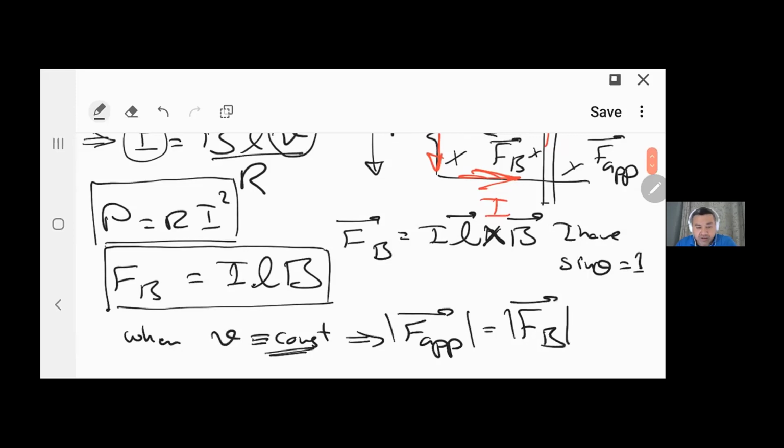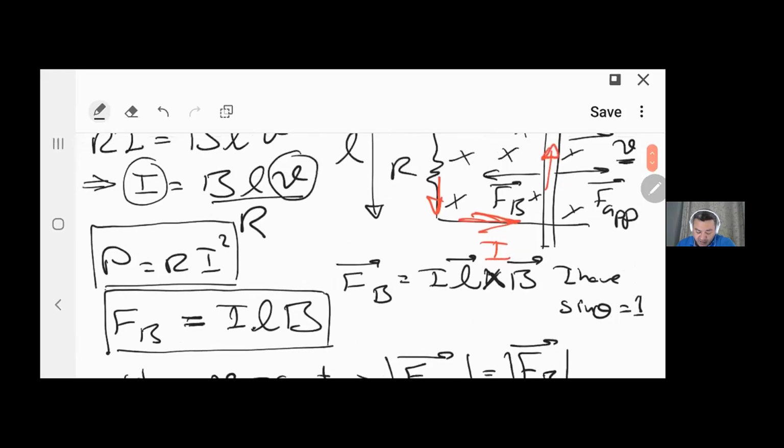Then I can use the derived formula here. So now let's look at what's going to happen to my power and my force.